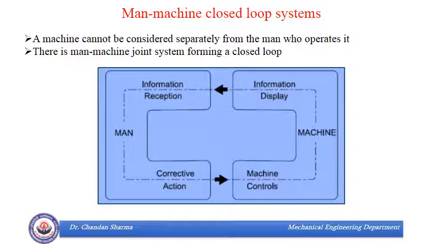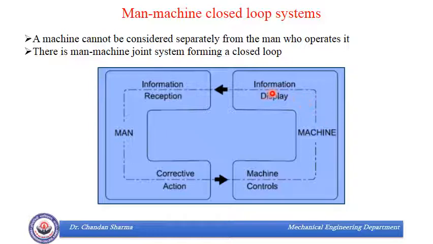Now, we cannot design the machine in isolation. The operator that is going to use that machine has to be in the picture. So there is always a closed loop between man and machine. Let us see how. When the machine performs its function, it will give some displays.